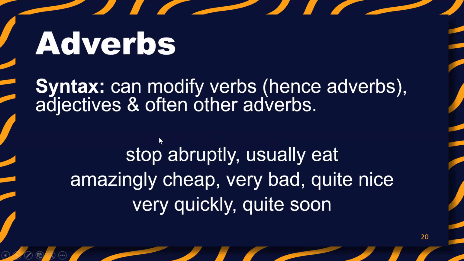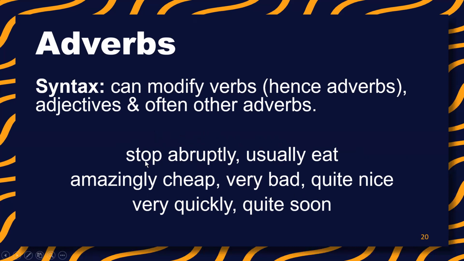So next, we also have adverbs. Adverbs can modify verbs, hence they are called adverbs. They could also modify adjectives, and sometimes they could also modify other adverbs. For example, we have here stop abruptly, usually eat, amazingly cheap, very bad, quite nice, very quickly, and quite soon. For the first line, abruptly and usually are the adverbs here.